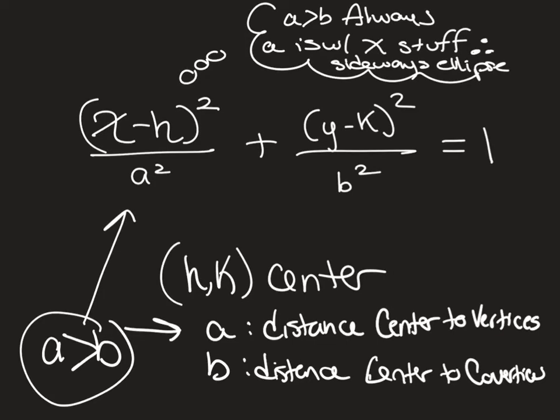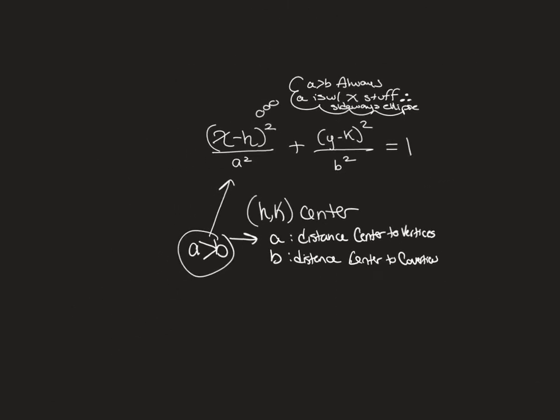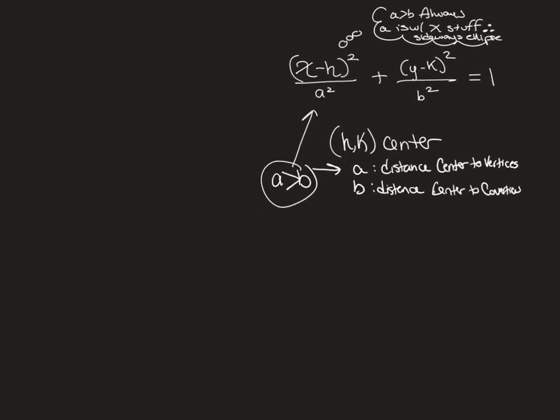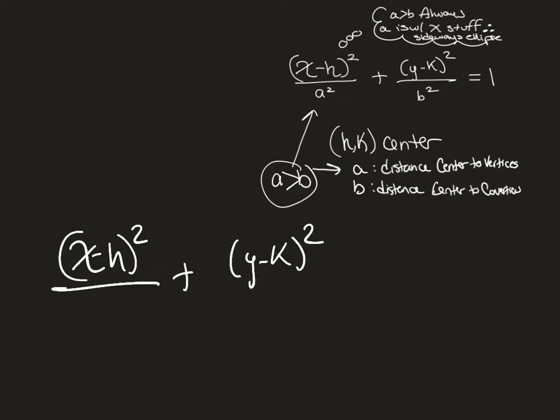But what we also can look at is, let me shrink this down for you. Put that up in the corner. I have another equation for an ellipse. It says (x minus h) squared, and it has my (y minus k) squared. But this time the b squared's under the x stuff and the a squared's under the y stuff.